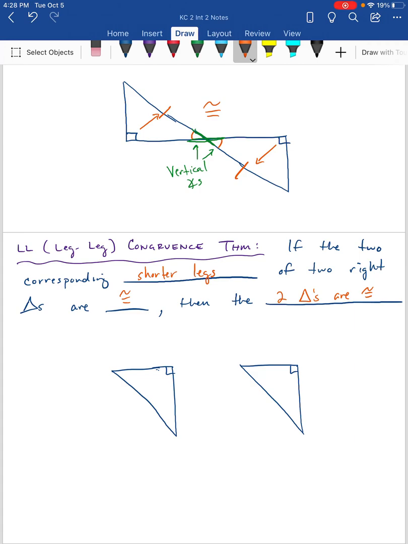However, you have to remember that the longest side is always going to be the hypotenuse. Okay, so for this theorem, I don't want the hypotenuse. I want the other sides, or the other legs that are shorter than the hypotenuse, to be congruent. So I want the top to be congruent to the top and the right side to be congruent to the right side. If that is true, then both triangles are congruent by this leg-leg congruence theorem.